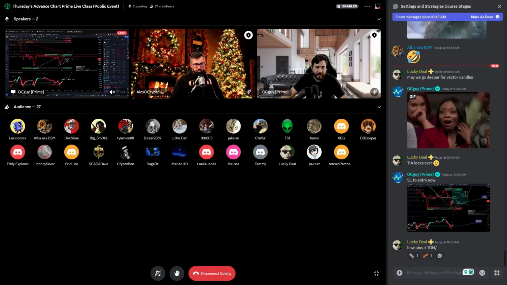Let's take a look at the 4 hour just to see how it is playing out. But I guess exactly the same as everything else. Yes, we have a support. We're having a kind of meh flip of the ribbon, which is not what I would like to see. There is a money flow POC here in the way, which means most likely we are going to be ranging here for the weekend.